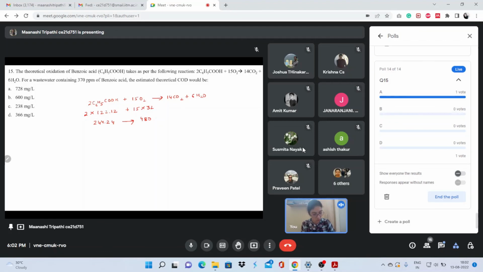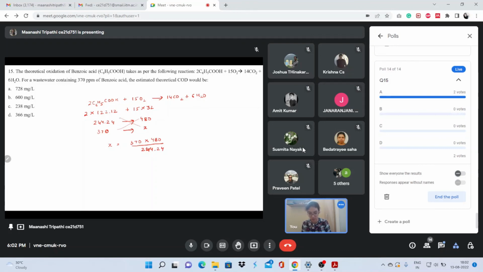So how much oxygen is required for 370 ppm? We will do cross multiplication. So x is equal to 370 into 480 divided by 244.24.